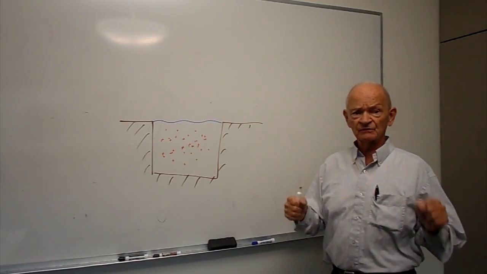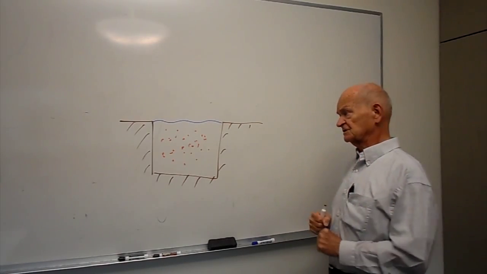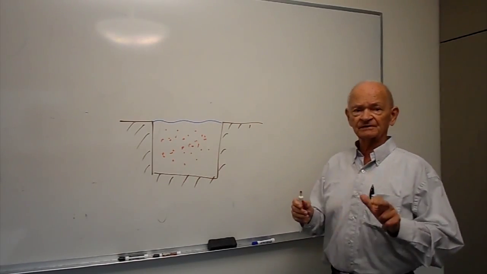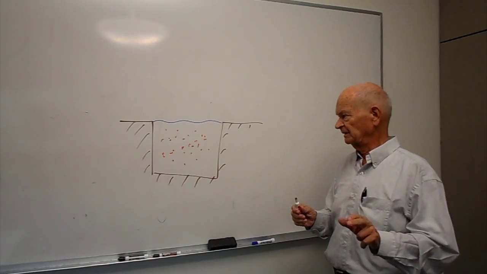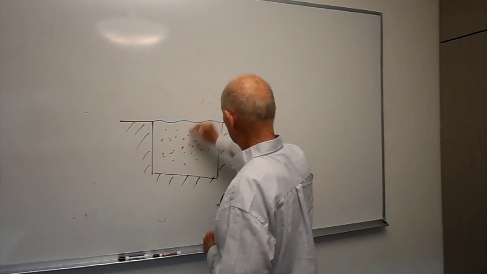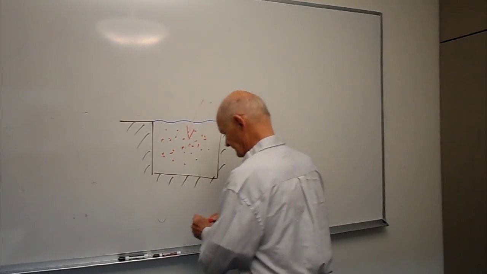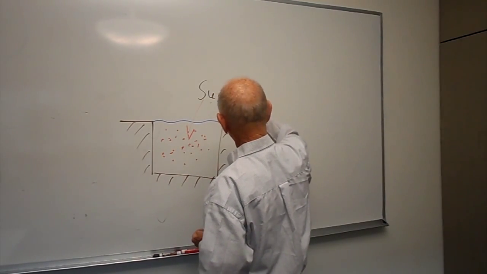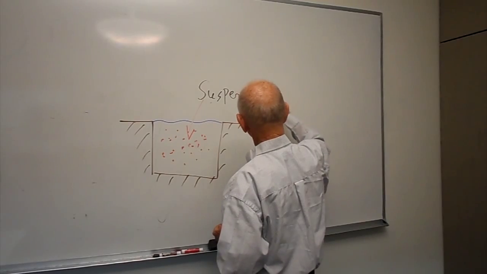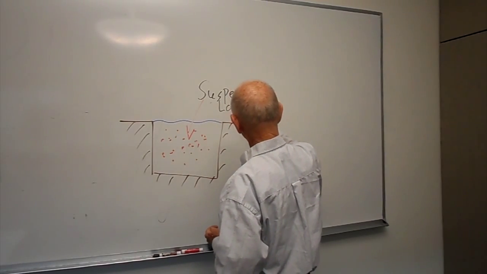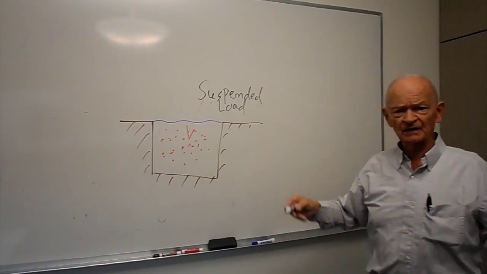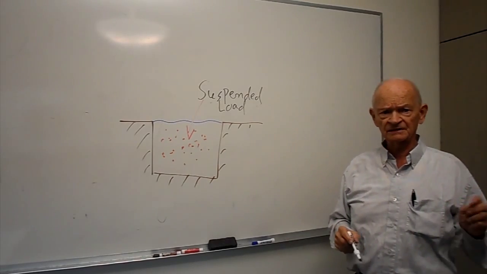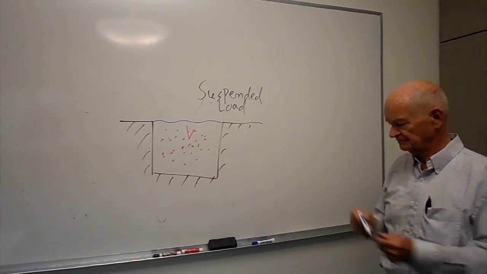In any event, once it reaches the ocean, it usually gets deposited fairly quickly, except for the very, very fine-grained material. Well, this is what we call the suspended load. And it accounts for a great deal of the actual particulate matter that we find out in the ocean.